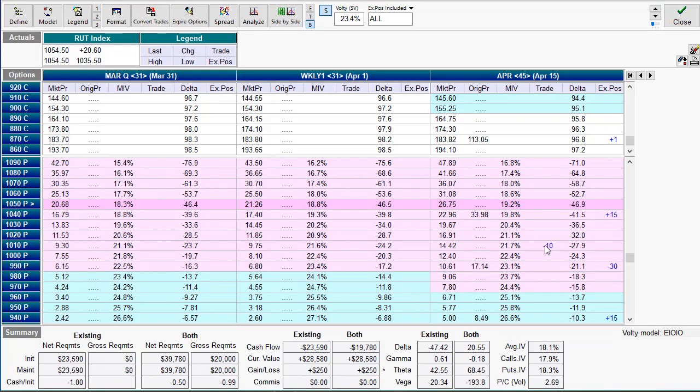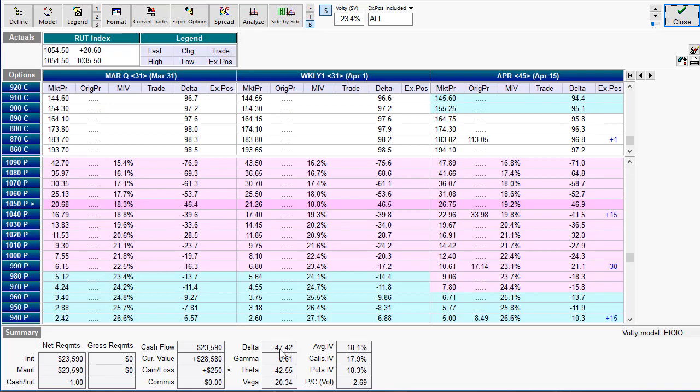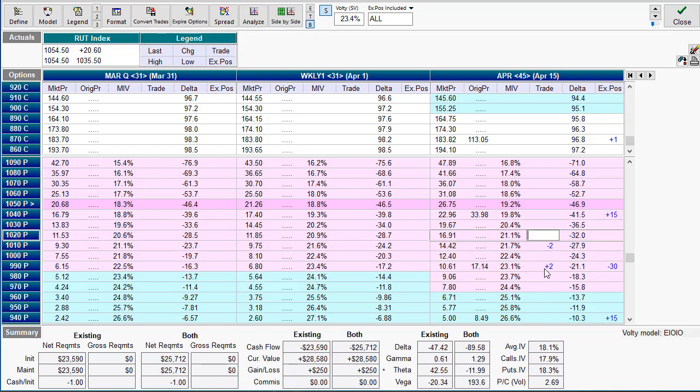The bottom line is not to let this T plus 0 line get too delta negative or delta positive. This is getting too delta negative for my liking. So you just take a couple of these and you roll them up 10 or 20 points. I would say maybe we'll even do 4.